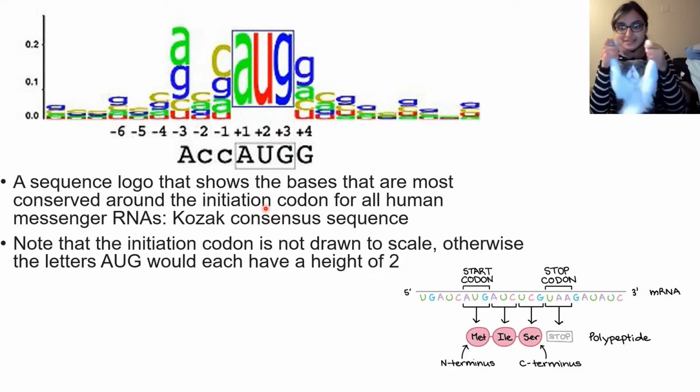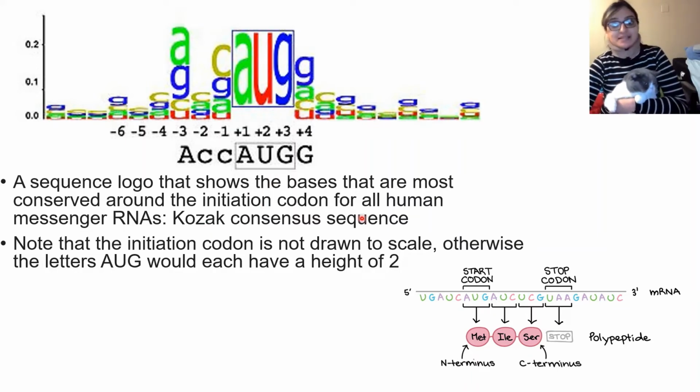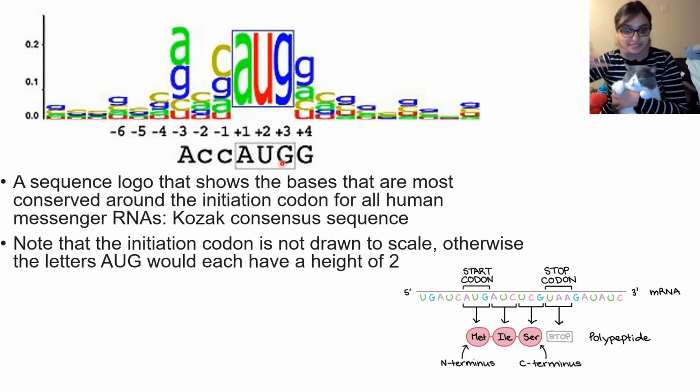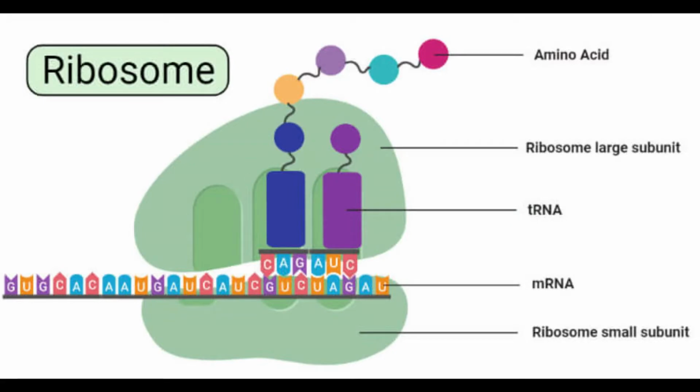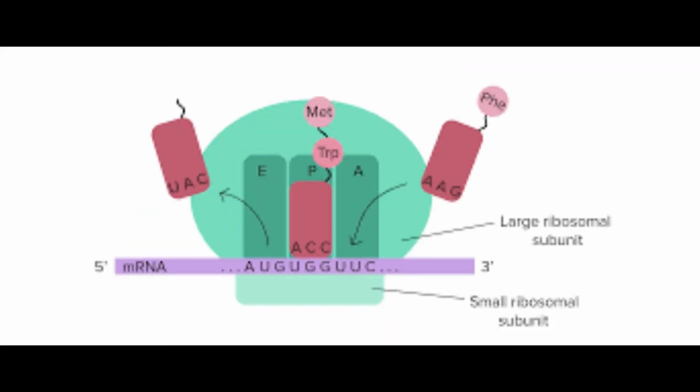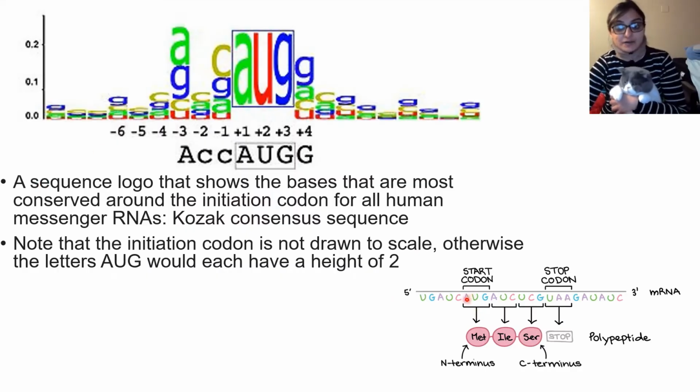Using one of the most basic examples that we've seen, it's actually a very famous consensus sequence. It's the Kozak consensus sequence. You have a messenger RNA that has A, U, G, and C. Now when we start translation in the ribosome, the organelle that helps translate the messenger RNA to a polypeptide chain, what we notice is that the starting codon is AUG.